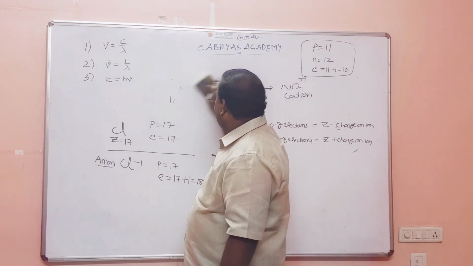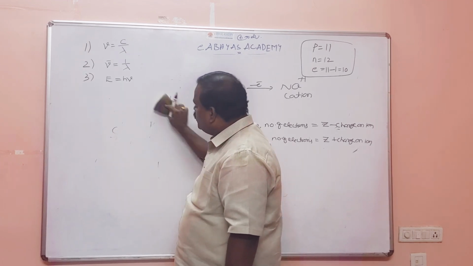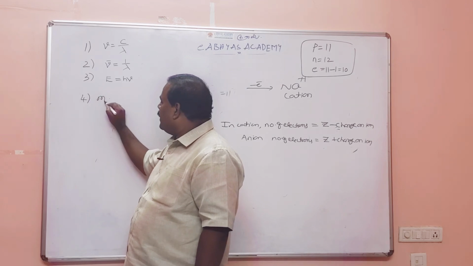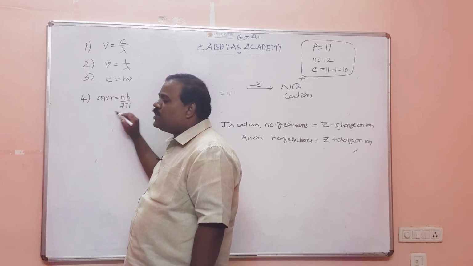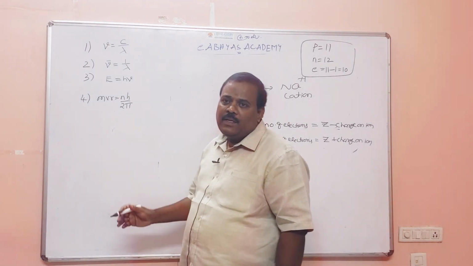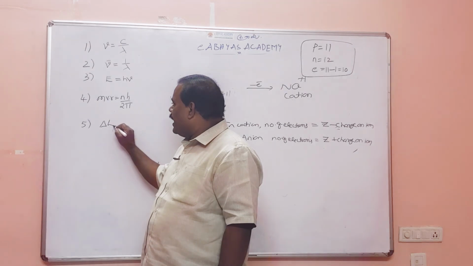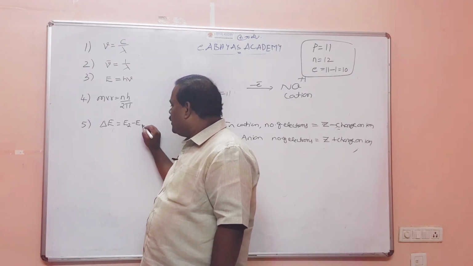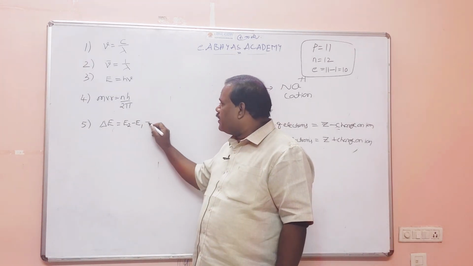And we also had problems related to Bohr's theory, that is mvr is equal to nh by 2 pi. That is calculation of angular momentum in a circular orbit. Next, energy change when an electron jumps from one orbit to another orbit.